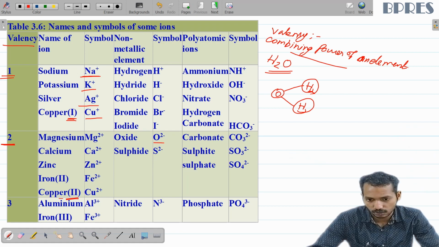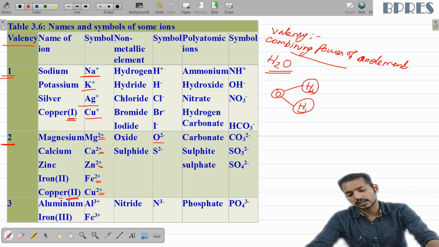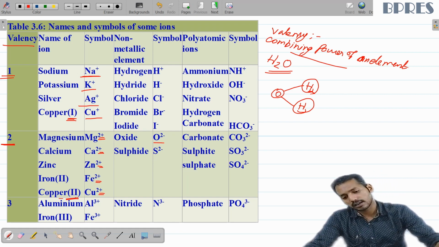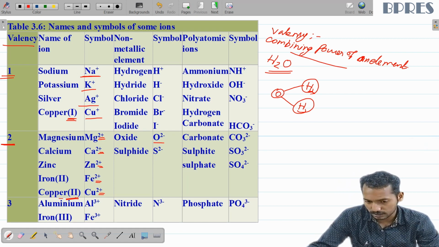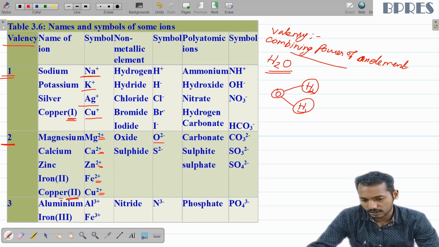Okay, in the first column, in case of magnesium, Mg2+, 2 positive charge. Here 2 positive charge, 2 positive charge. Iron also 2 positive charge. Copper is here. Copper possesses different valencies. This is only for a certain number of elements, not for all the elements.